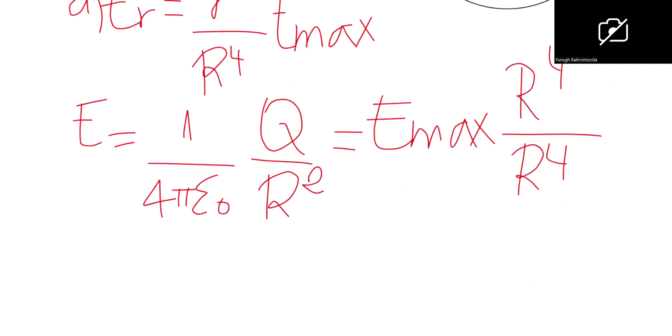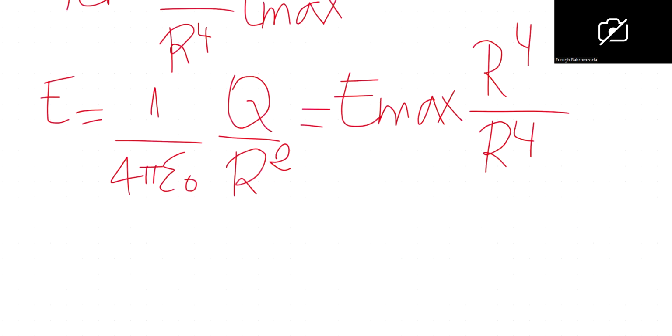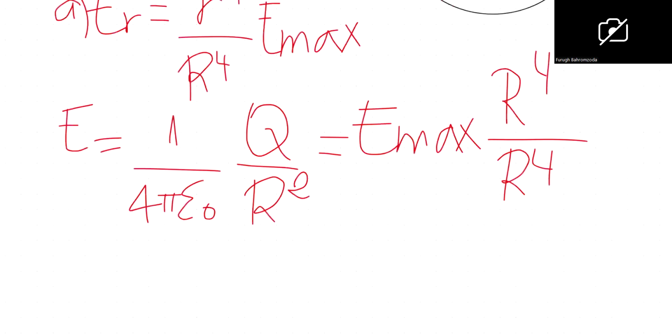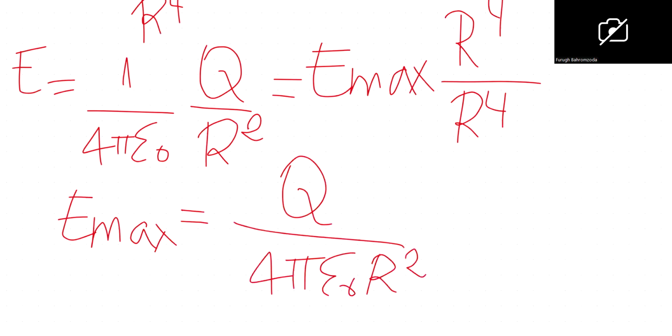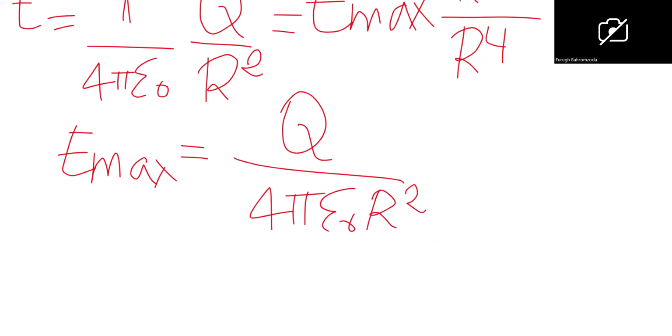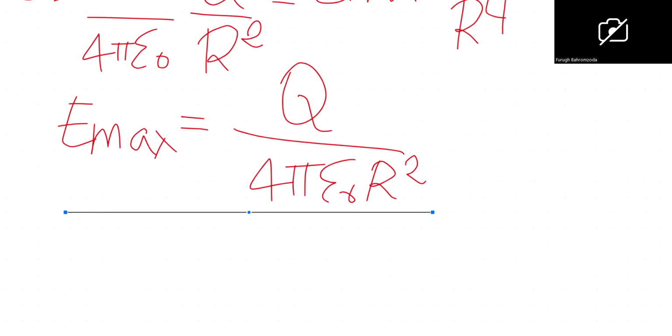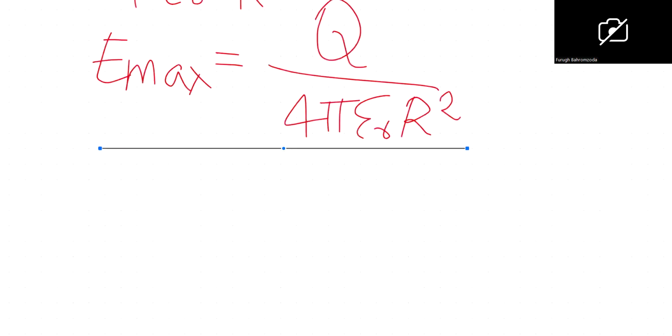And if we have two expressions now, if we solve for E max, we will have E max equals Q over 4 pi epsilon 0 R square. And this is it, guys. This is the answer. And it is finished. So let's solve the second part, B.